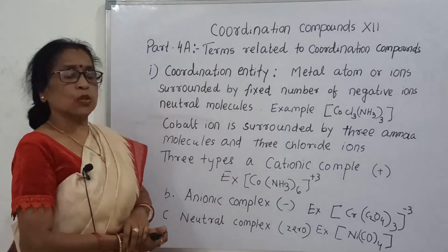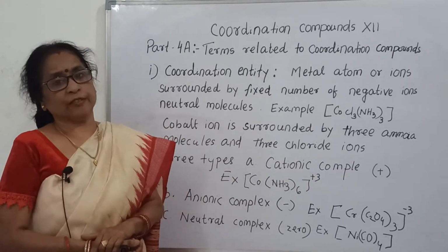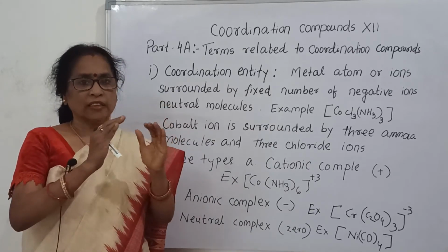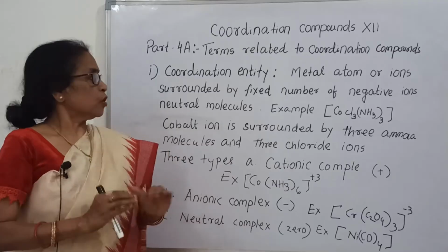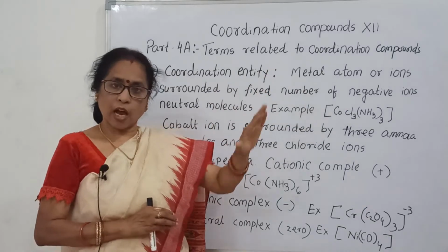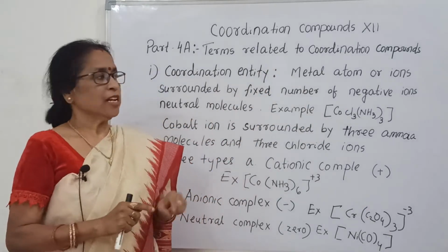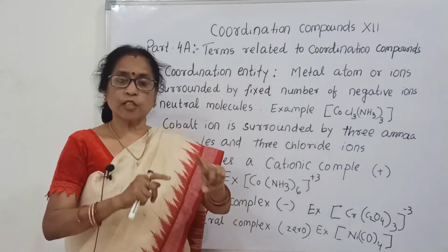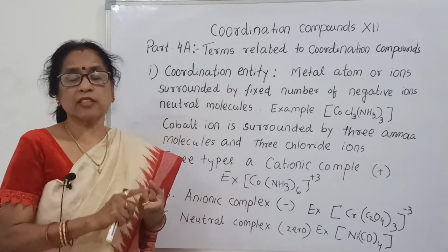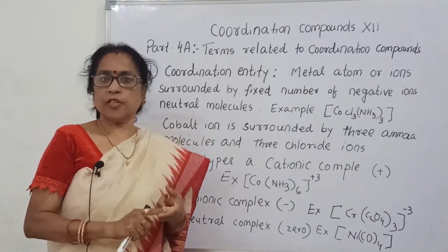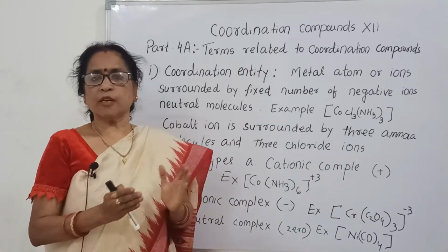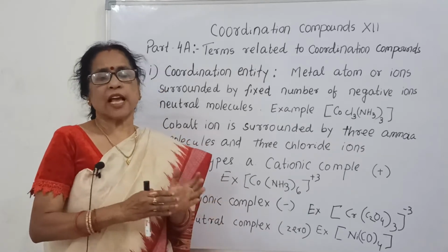The first one is coordination entity. Entity means one; it is in one form. So it is a metal atom or ion surrounded by negative ions, neutral molecules, or a mixture of both negative ions and molecules.